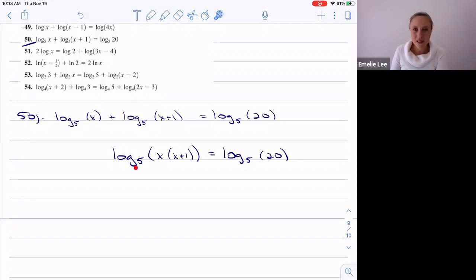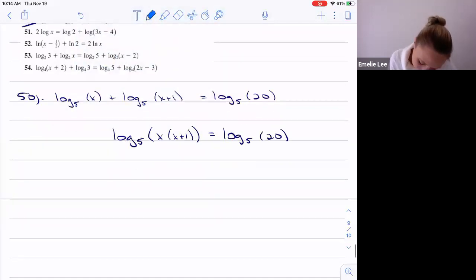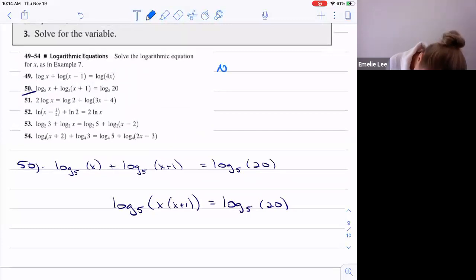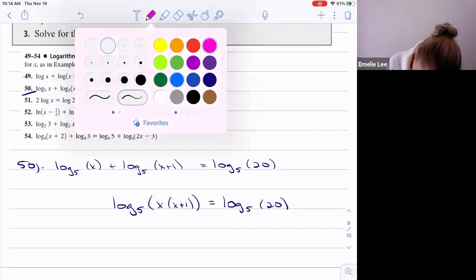What's nice is that if I have the log base 5 of a equal to the log base 5 of b, because I have the log of the same base here, they essentially cancel out. I would take 5 to the power of both sides, but they would cancel out. So there's a cancellation property, and it's important.